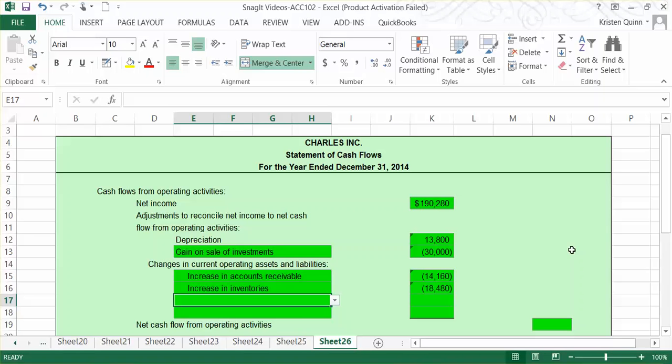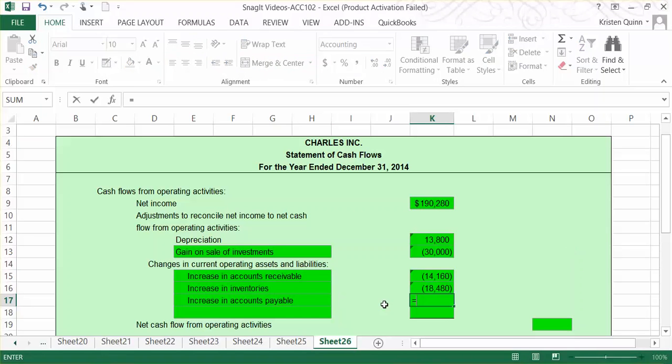We also had accrued expenses. Last year was $39,480, and this year it's $31,680. So we actually have a decrease in our accrued expenses payable. The only way that our liabilities go down is when we pay for them.